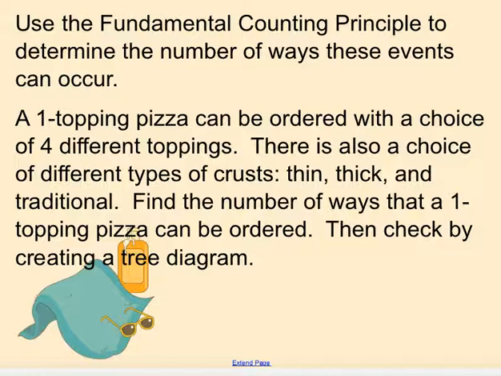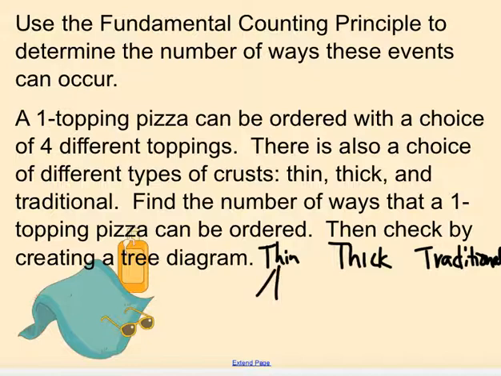Let's say we pick the crust first and we're going to say thin. We could have thick, or we could have traditional. And then we could have our 4 different toppings, and I'm just going to label them topping 1, 2, 3, and 4.